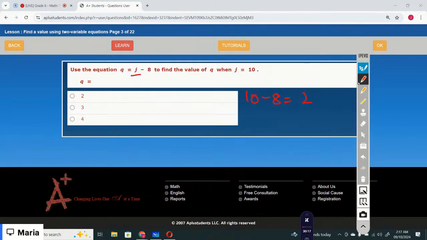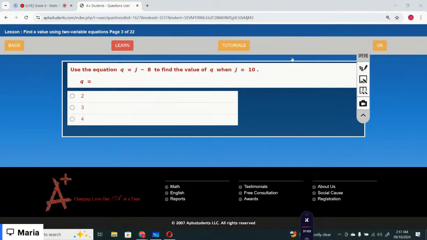The correct option is option number 1, that is 2.